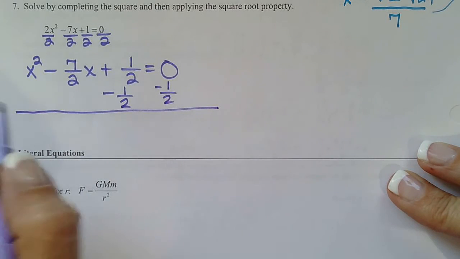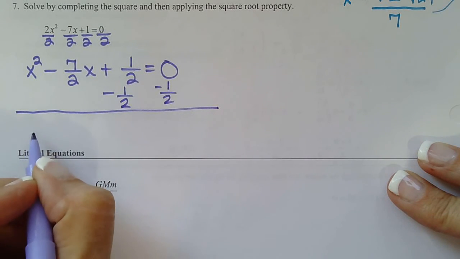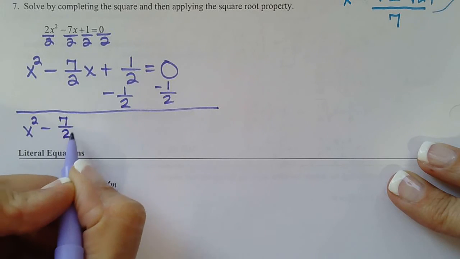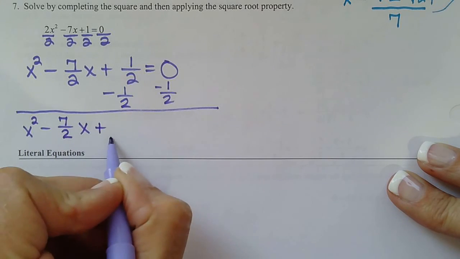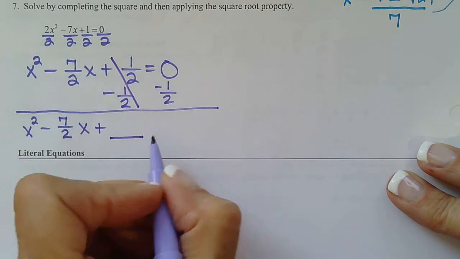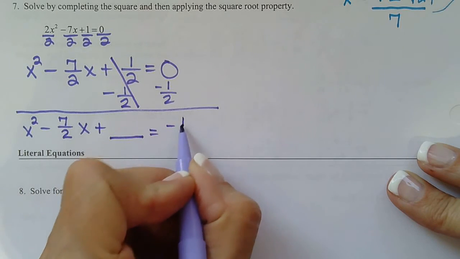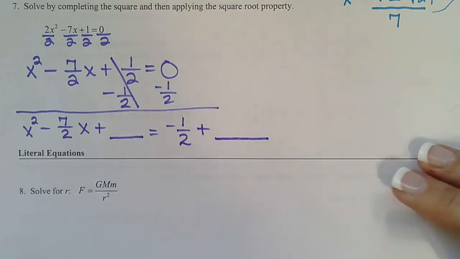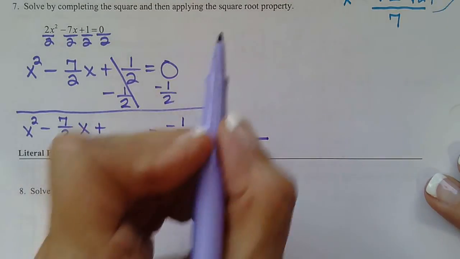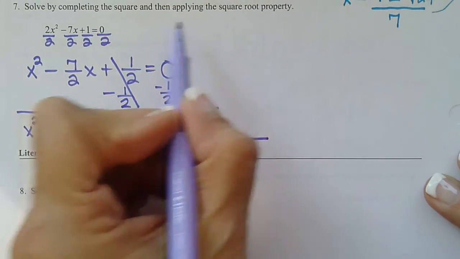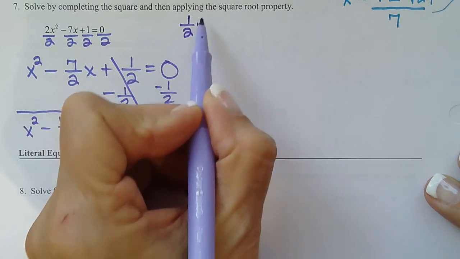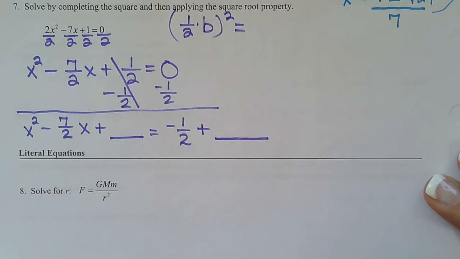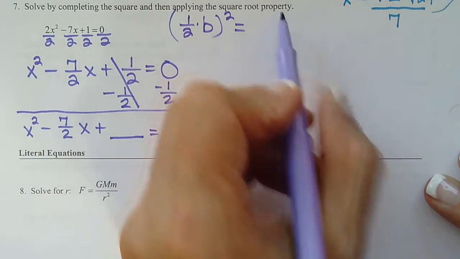So now I have x squared minus 7/2 x plus blank, because this is going to go away, equals negative 1/2 plus blank. So write your formula that you need, half of b squared, and plug in so that you can do it on the calculator.